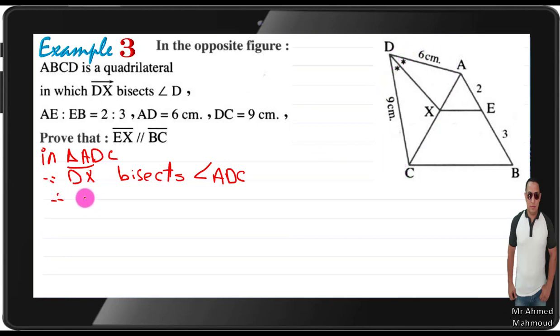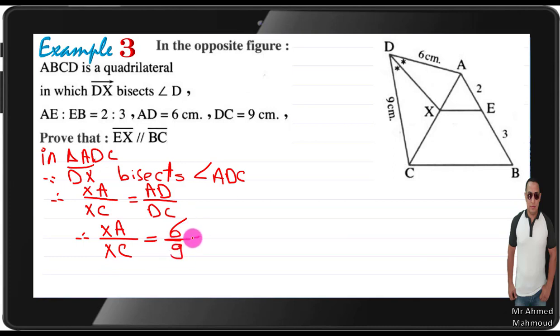Therefore, XA over XC equals AD over DC. Therefore, XA over XC equals 6 over 9 equals 2 over 3.